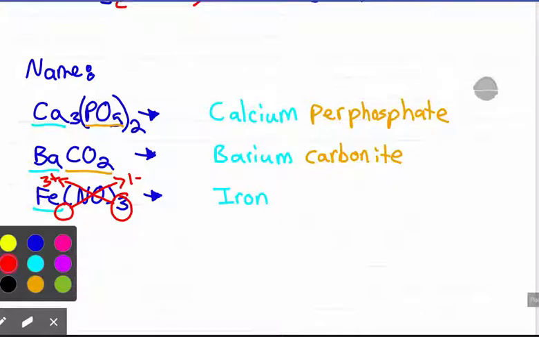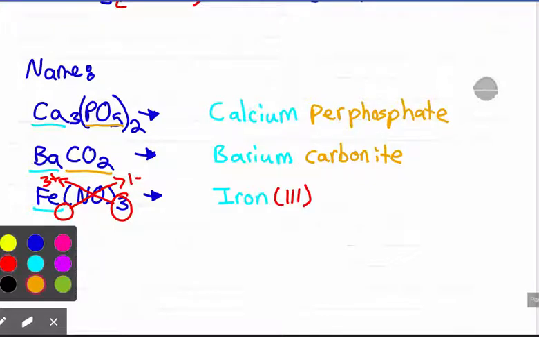Now, NO2 looks to me like it's an oxyradical of nitrate. And because I memorized my ates, I know that it has an ionic charge of 1-. So I know that I don't have to do any changing. The formula has not been reduced. So this is iron 3.